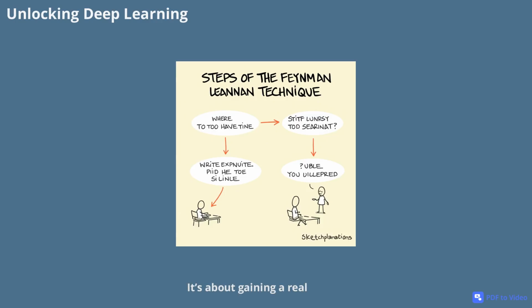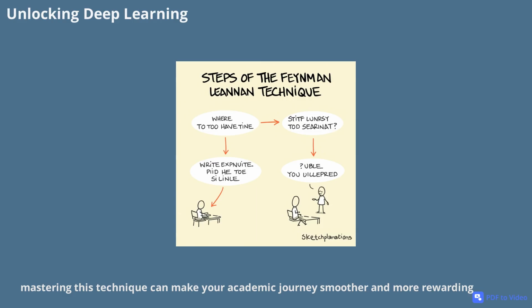It's about gaining a real, lasting grasp of any subject by simplifying and teaching it. Whether you're preparing for exams or presentations, mastering this technique can make your academic journey smoother and more rewarding. Let's dive in and discover how you can use the Feynman technique to learn faster and smarter.